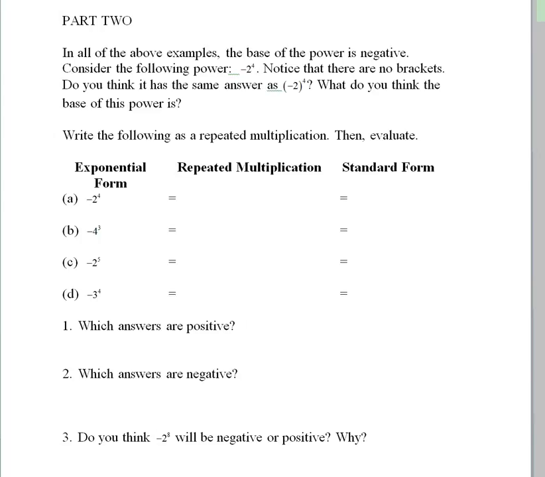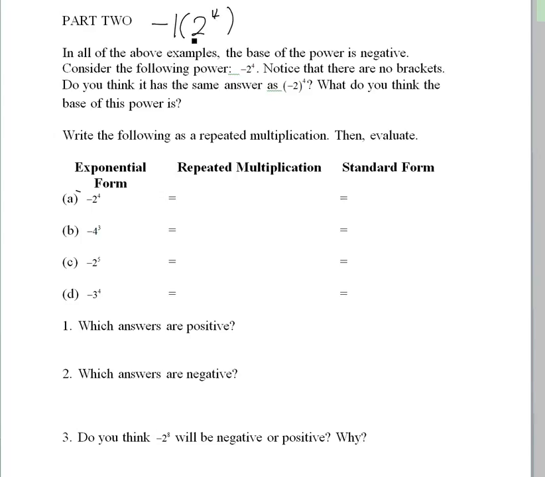So -2 to the 4 with brackets, as we saw in part 1, meant -2 times -2 times -2 times -2, and our answer would have been positive 16. But -2 to the 4 without brackets actually means negative times 2 to the 4, or -1 times 2 to the 4.